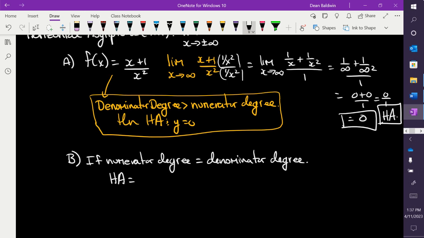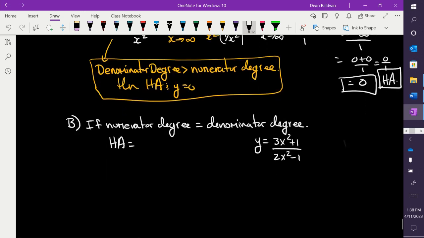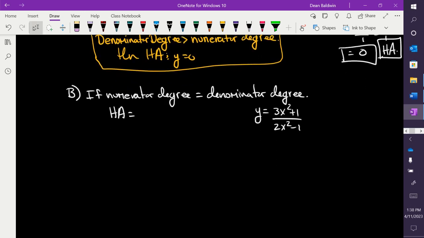All right, let's look at it. Here's my function. So there's my function. The degrees of the numerator and the denominator are the same. So what's the horizontal asymptote?